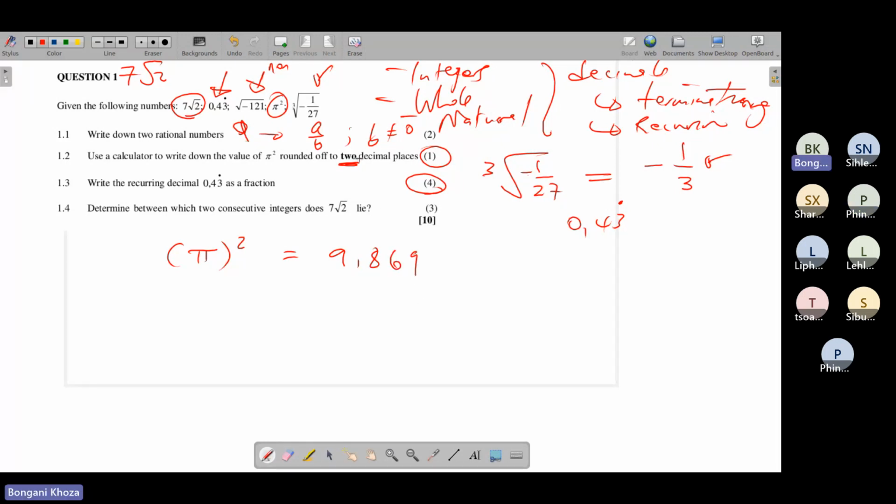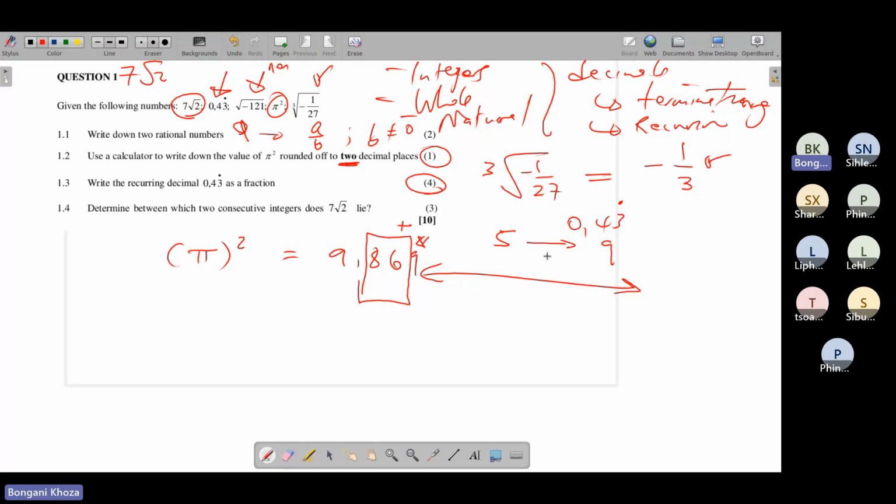So if they say to round off to 2 decimal places, they're saying that after the comma, I'm only looking for 2 numbers. So you look at the third number only. You don't care what was after. Just look at the third number and check, is it from 5 up to 9? If it is, you add 1 to the previous number.